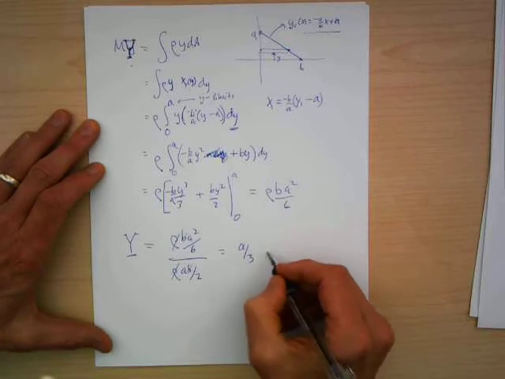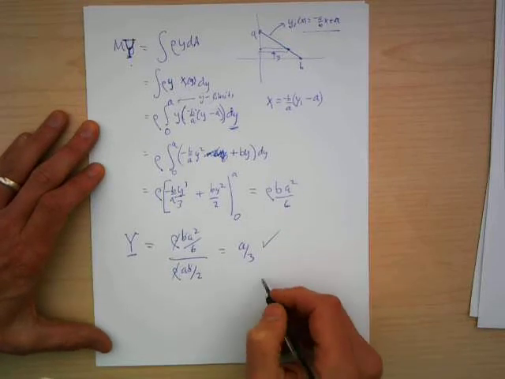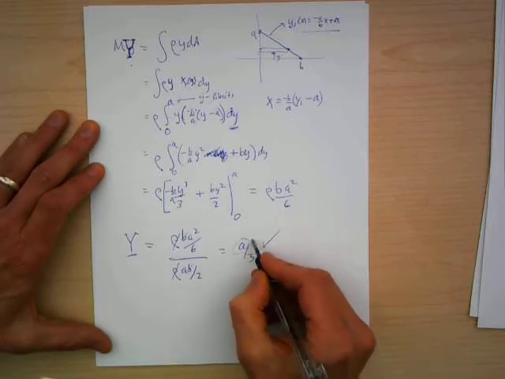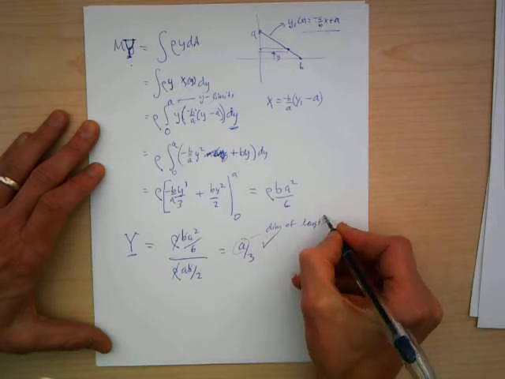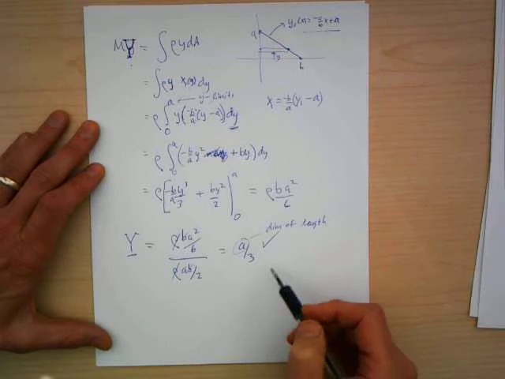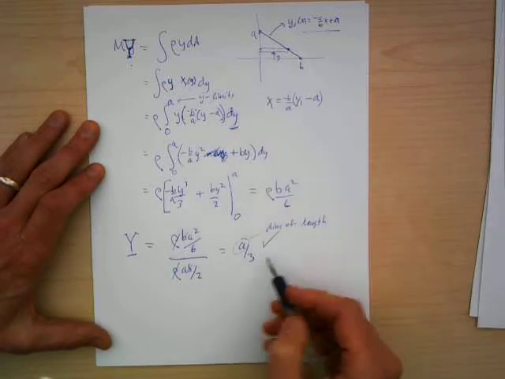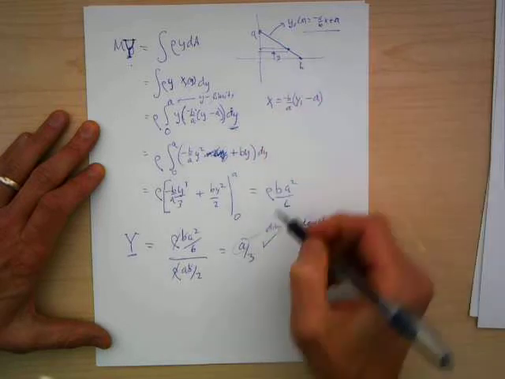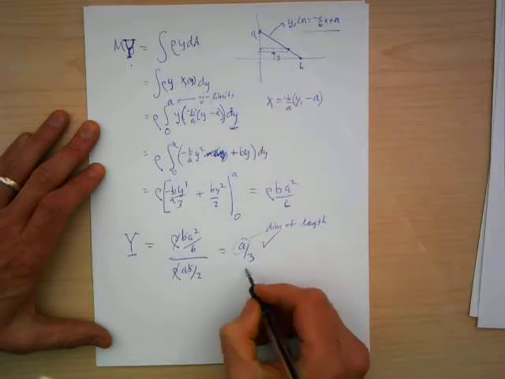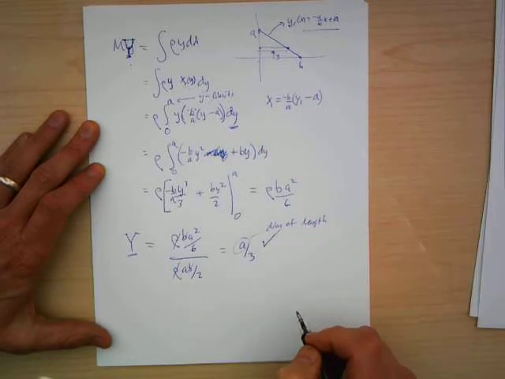Oh, interesting, that's an interesting result. You can check again, dimensions of length, so that's a good thing. And you can actually look up the center of mass of a triangle, and you'll find out that it is 1/3 of the base under consideration. So that's why that's the right answer.